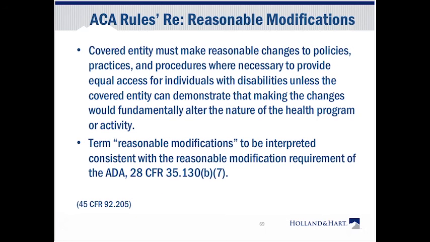So this is maybe intuitive, that you have to make reasonable changes to your policies, practices, and procedures where necessary to provide for equal access unless you fit into the exceptions that we've talked about already. And reasonable modifications, that term is to be interpreted consistent with the requirements of the ADA, and I put the site there for that.